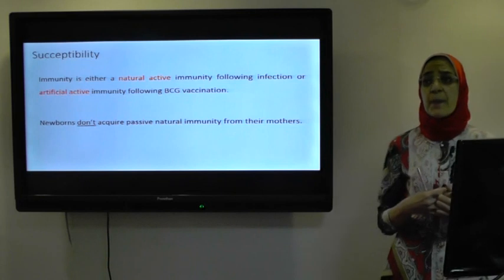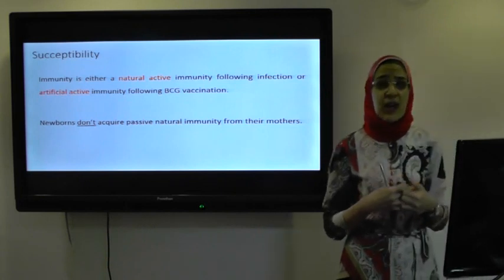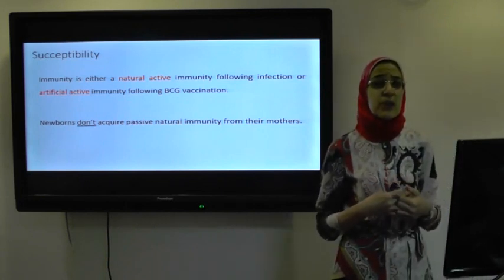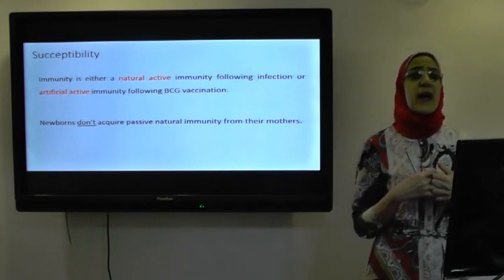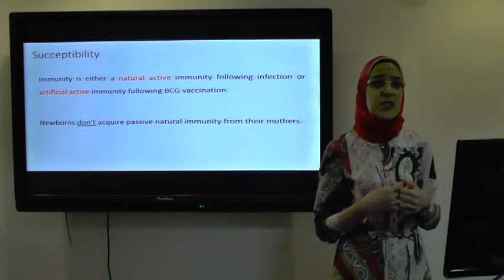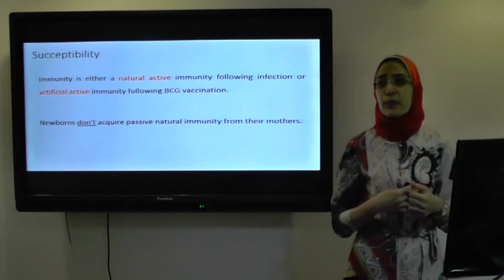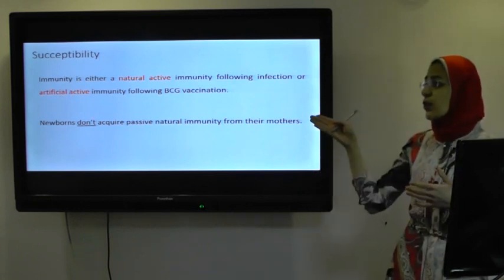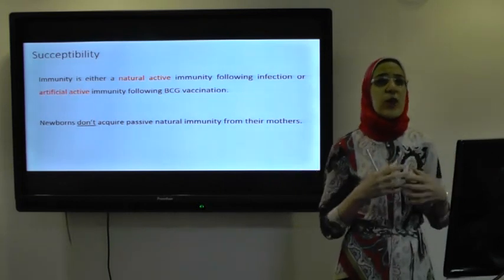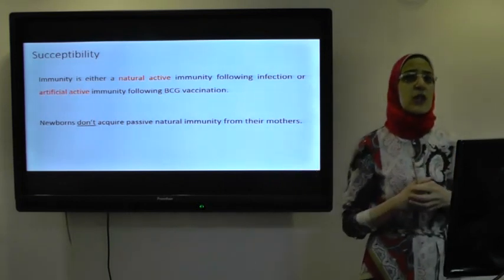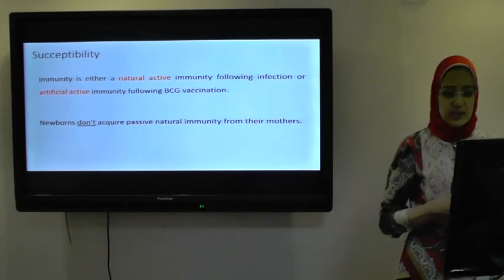That's why BCG vaccination in developing countries like Egypt is compulsory, and infants in Egypt have to receive the BCG vaccine immediately after birth, because they do not acquire passive natural immunity from the mother, so we have to give them the BCG vaccination as early as possible.